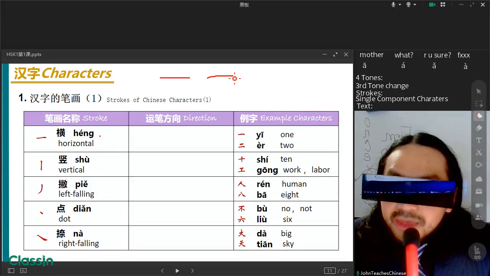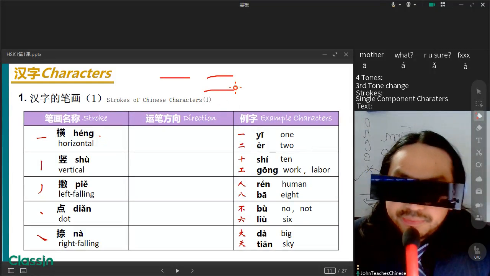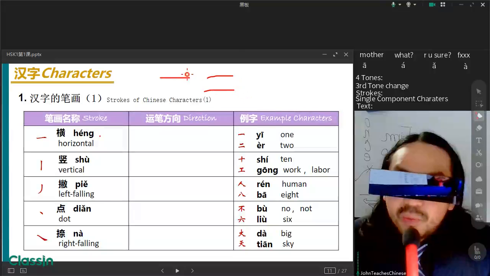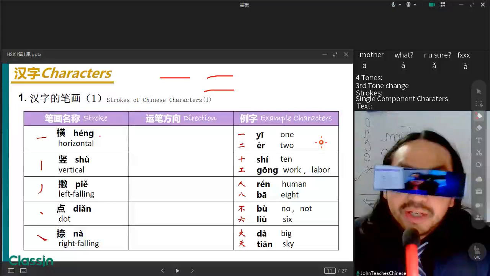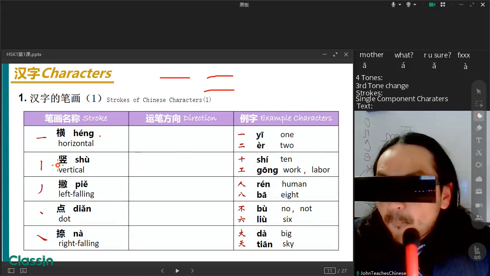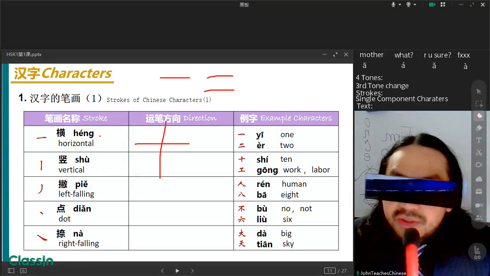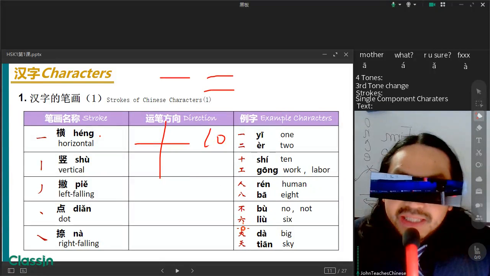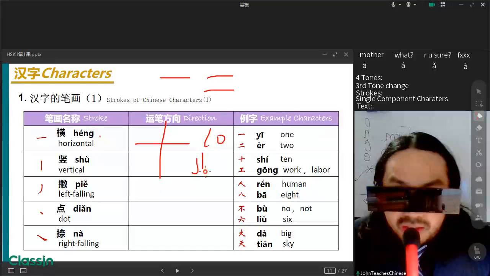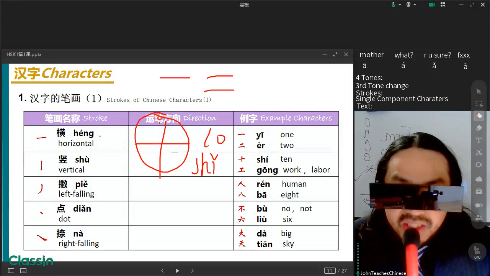Second, you put 2 horizontal strokes. It gives you 2. Quite easy. Then vertical. This means 10. Okay, very easy. Here you see the kanji.